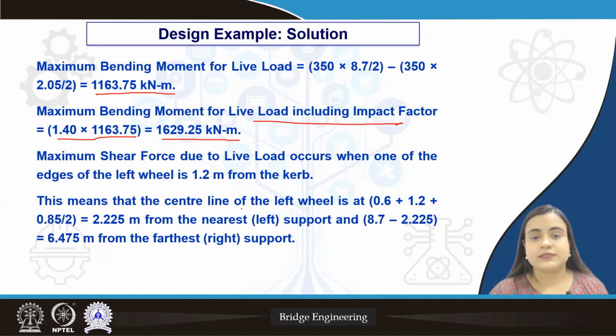So this means that the center line of the left wheel is at 0.6 meter, which is the curb width, plus 1.2 meter plus 0.85, that is wheel imprint dimension, divided by 2, that is equal to 2.225 meter from the left support. Also, we can determine that the left wheel is 8.7 minus 2.225 meter, that is 6.475 meter from the furthest support, that is right support.